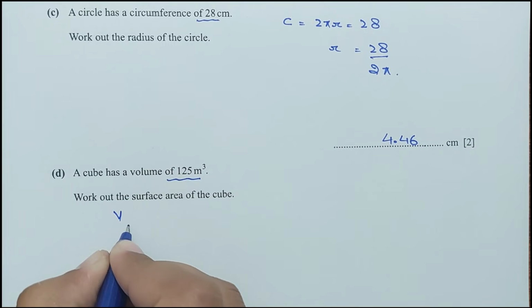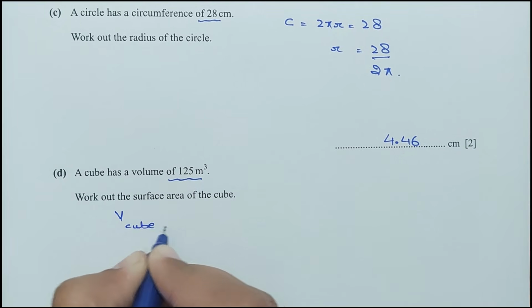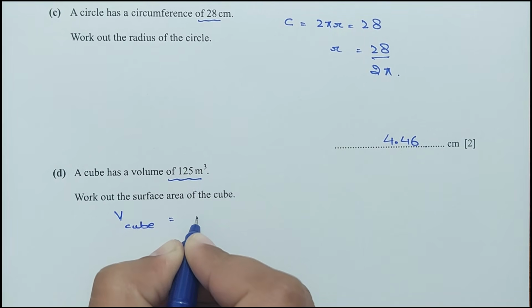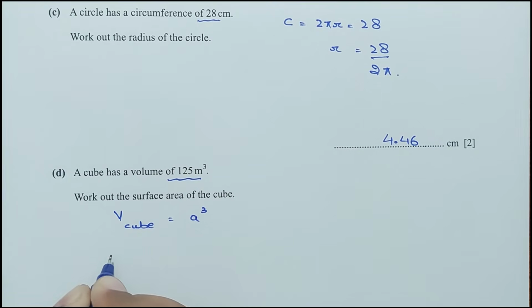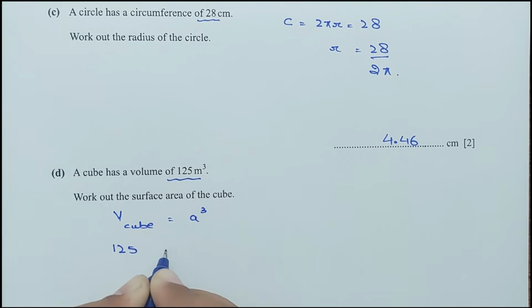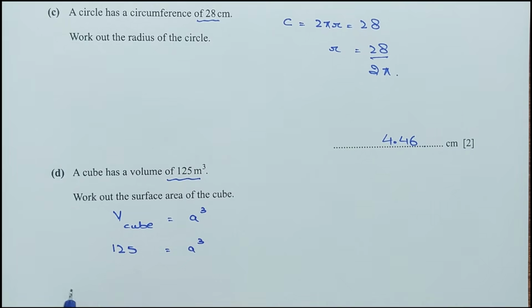So volume of a cube is equal to side cubed. This is 125, taking the cube root, so 5 is the side. Each side of the cube is 5, right?